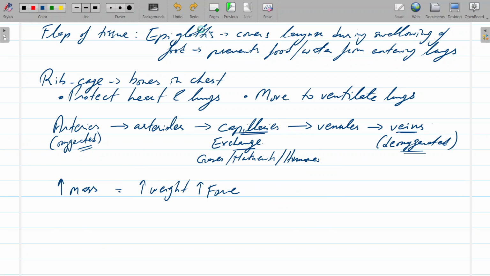Now, lung capacity means how much air the lung can hold, and a fully inflated lung can have about 5 liters of air. 5 to 6 liters, it depends. The book says 5 liters.